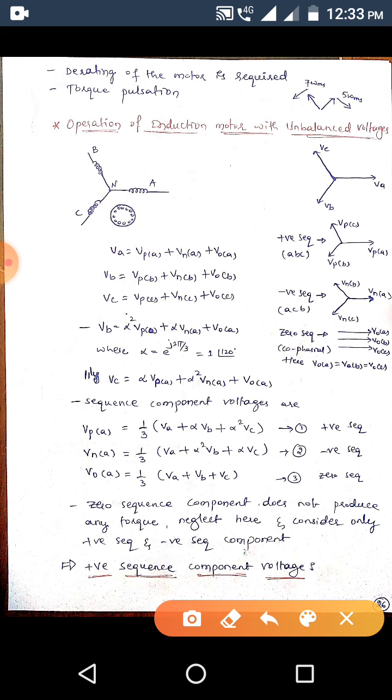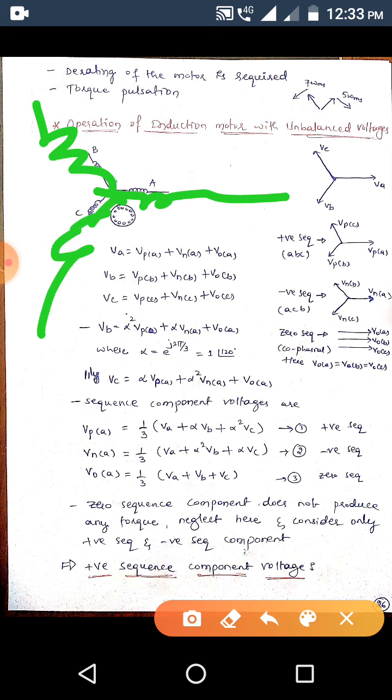The next topic is the operation of an induction motor with unbalanced voltages. If we supply unbalanced voltages to an induction motor, what happens to the drive? Let us consider the induction motor having a three-phase winding, A, B, C, three windings, with the neutral point here.